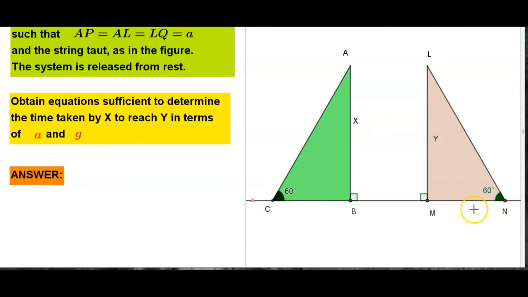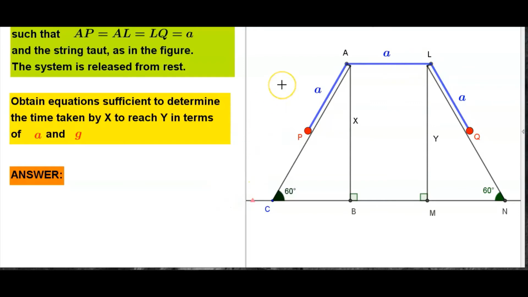This angle is 60 degrees, this is 60 degrees, this one 90 degrees, this one 90 degrees. Two pulleys here, A and L, and the string passes over A and L, with particle P at this end and particle Q here. At the initial position, this distance is a, and this is a.